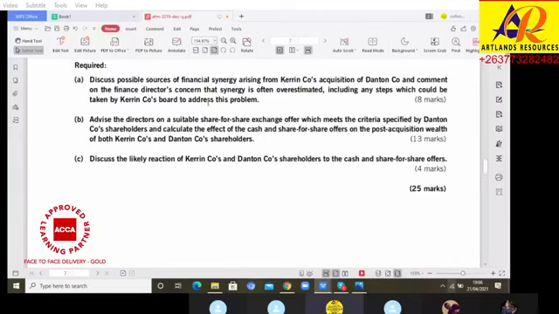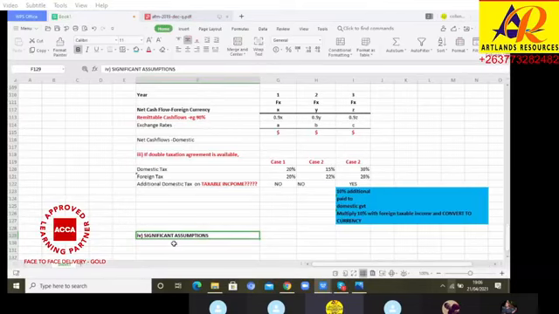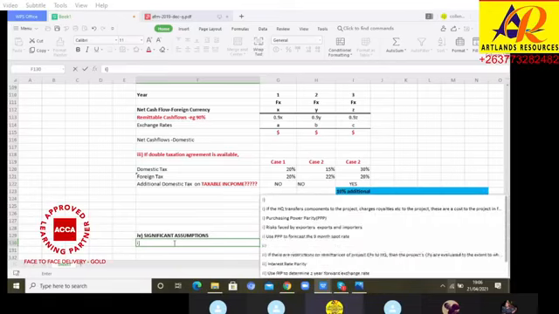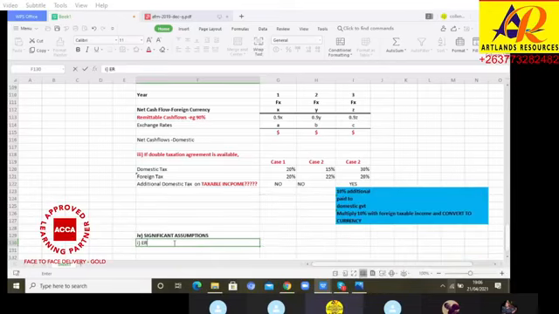Comment on the finance director's consent. So there's an element of discussion of the assumptions made. So I need to list significant assumptions one by one. The first assumption is exchange rates, inflation rates, interest rates, cash flow forecasts.